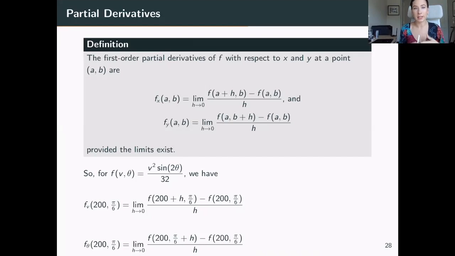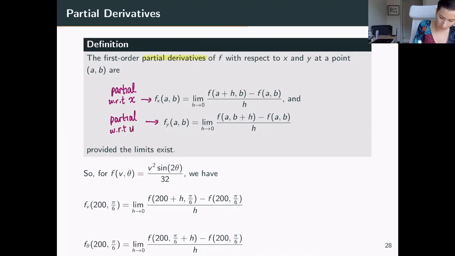That brings us to the definition of a partial derivative. So a partial derivative is when we take the derivative so that the direction is with respect to traces. So I'm going to fix a value of x or y to give me a trace in y or x respectively. So here we have this f sub x comma ab is what we would call the partial derivative with respect to x, whereas for this f sub y, this is going to be the partial with respect to y.